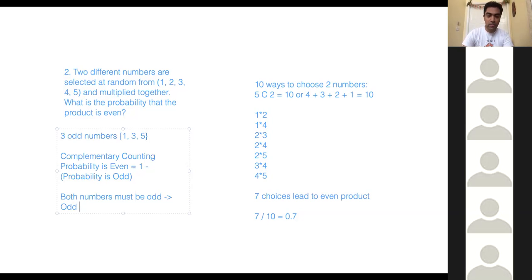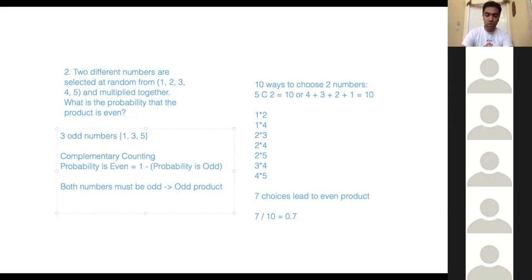So this is nicer because then my denominator is the 10 ways to choose 2 numbers from the 5 numbers. My numerator for just an odd product would be choosing 2 numbers from the odd numbers that I have, which are 1, 3, and 5. So that becomes 3 choose 2, or 3, the number of ways to choose 2 numbers that have an odd product.